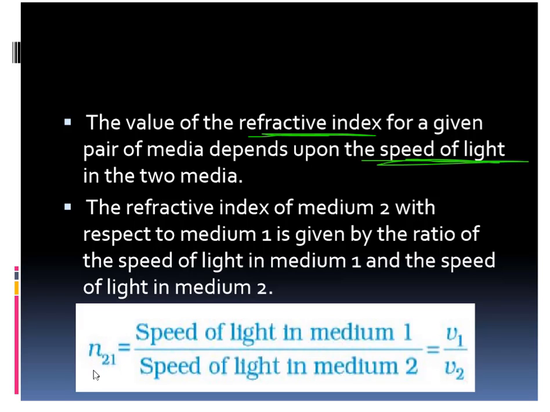So the refractive index can be represented with this symbol, n21, that means the refractive index of medium 2 with respect to medium 1, where V1 is the speed of light in the first medium and V2 is the speed of light in the second medium. So you can calculate the refractive index with the help of the ratio of sine of angle I to sine of angle R, or by taking the speed of light in the first medium to the speed of light in the second medium.